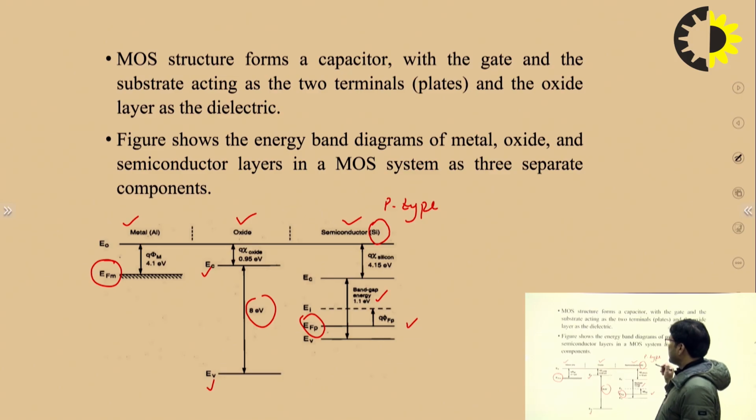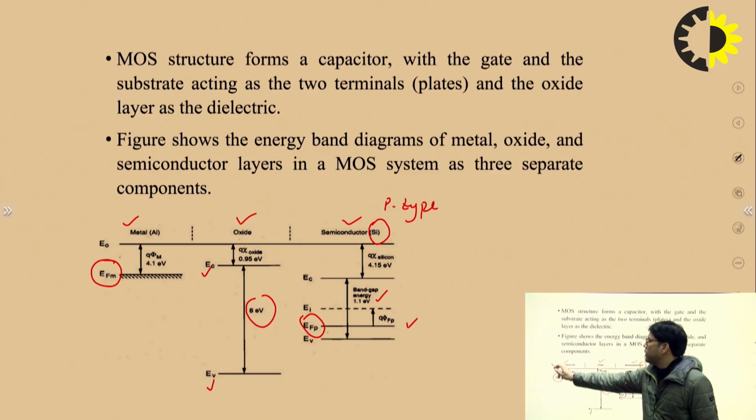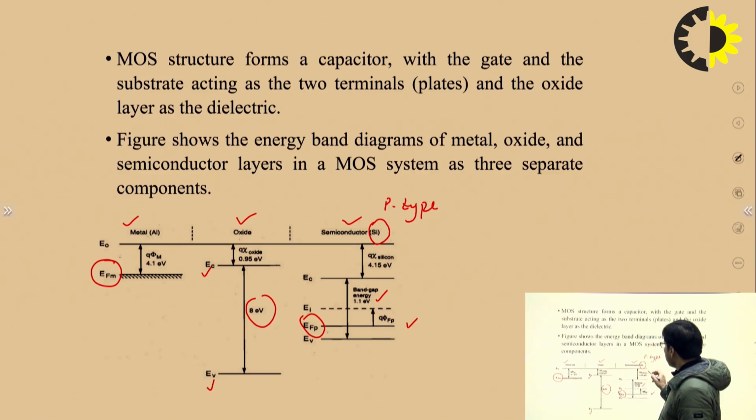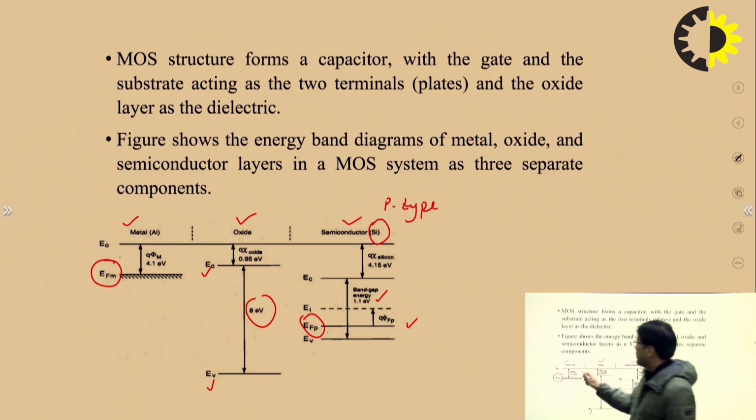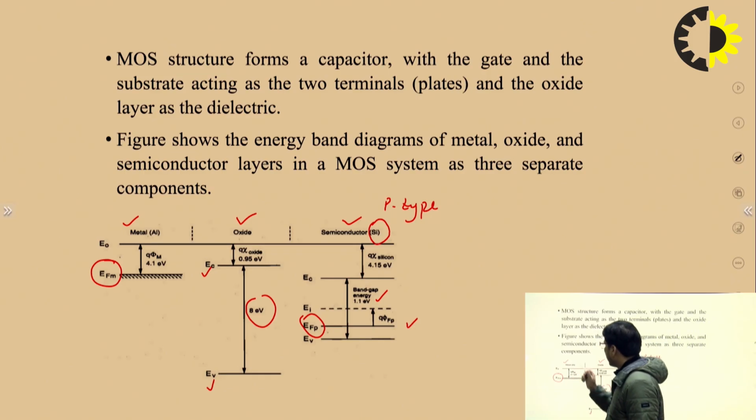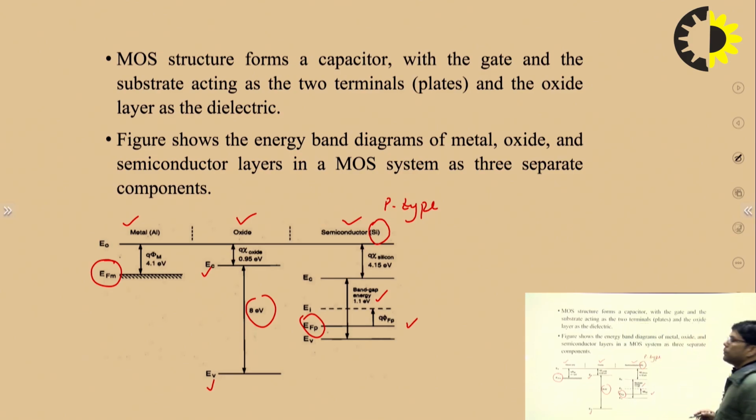Q chi represents the electron affinity. This is the work function, Q phi f. This is the work function of the metal, Q phi m, right?